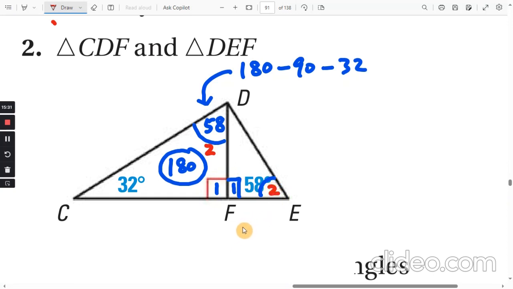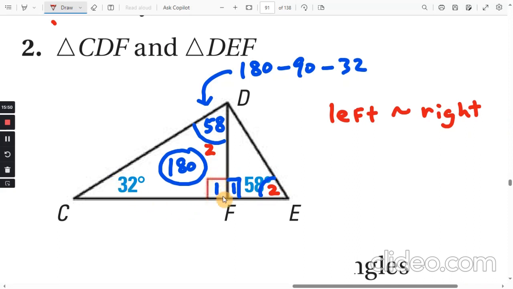Now I'm going to trace both triangles the same way. So the one on the left is similar to the one on the right, but let's do the 3 letters. I'm going to go 1, 2, and then the third angle.